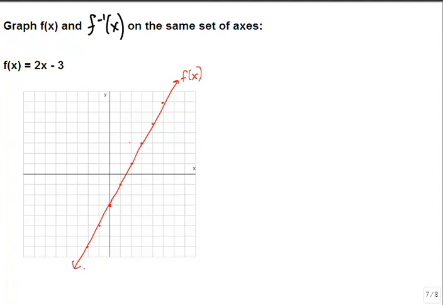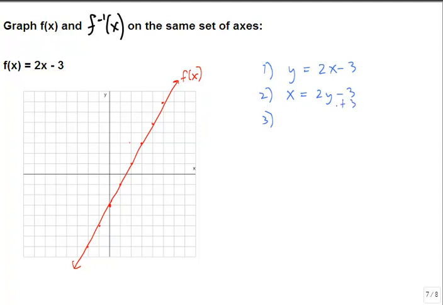Now what we're going to do is graph f inverse of x, but I have to find f inverse of x first. So here's how we find the inverse function given a formula. Step 1, replace f of x with y. Step 2, swap the x's and the y's. Step 3, solve this for y.